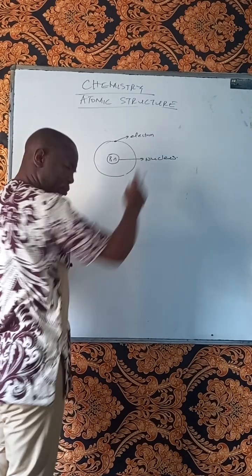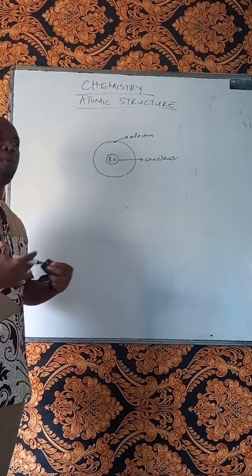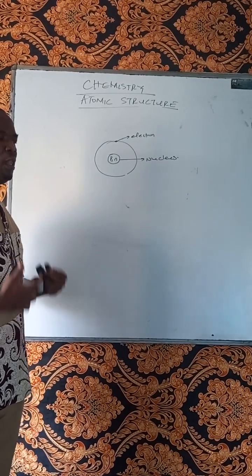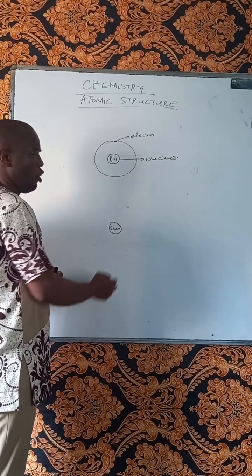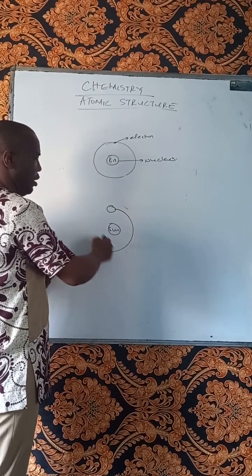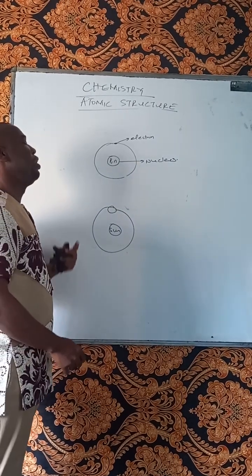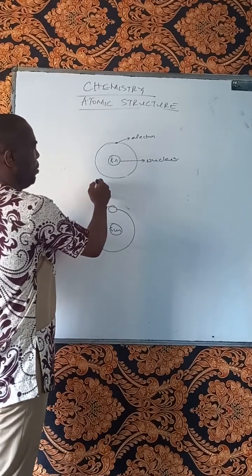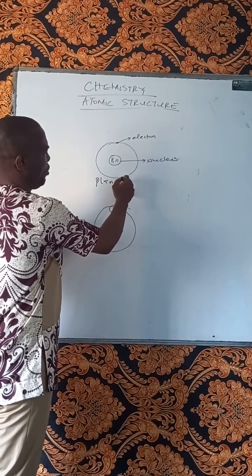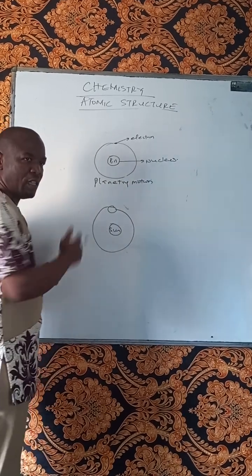I come again. The structure of the atom was developed from the solar system. In the solar system, you have the sun at the center, and you have the planets moving around the sun in a circular path. This is what's called planetary motion of the electron, comparing the electron to the solar system.